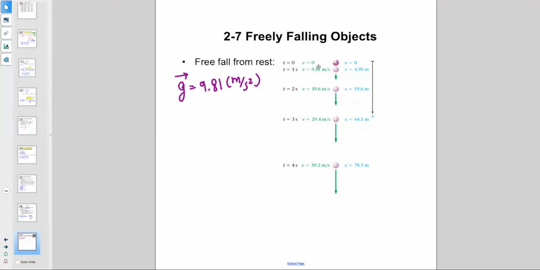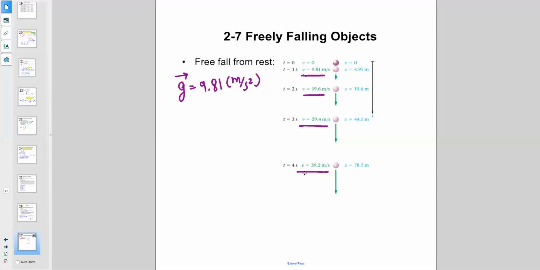So 1 second later, it has gained this much of a speed, 9.81. 1 second later, it has gained the same amount of speed, so I add another 9.81, which is 19.6. 1 second later, it has gained 9.81 again, so now I am at 29.4. 1 second later, I gained the same amount, 39.2.